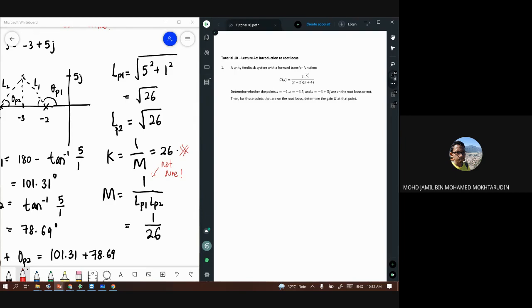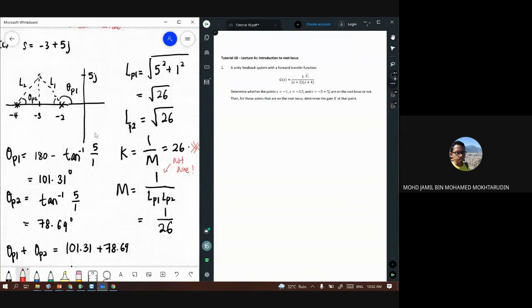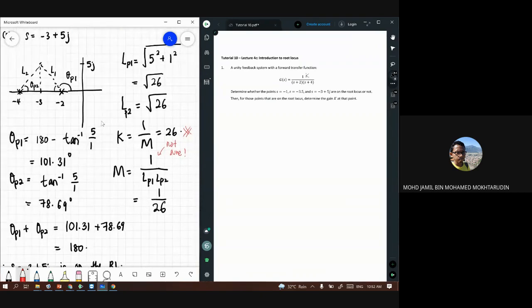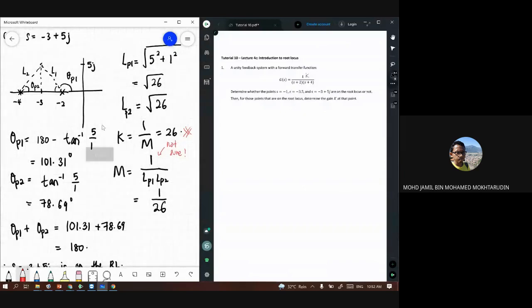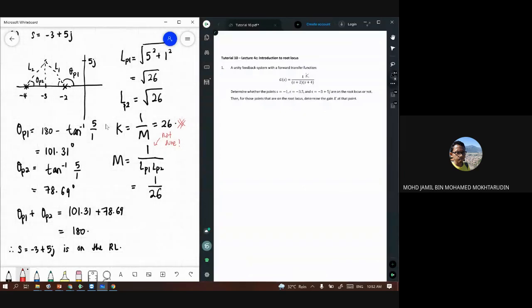So they confused why suddenly the question asks whether this point on the root locus or not. They don't even remember this method pun. Okay. So very rare lah soalan ni keluar. Tapi saya saja bagi soalan masa tu kan exam online first time ke macam mana dah. Sajalah bagi soalan killer. Alhamdulillah ramai tak jawab. So senang lah marking masa tu.